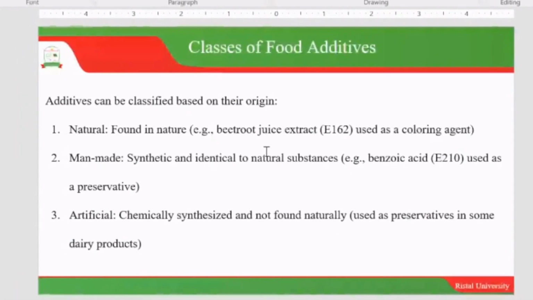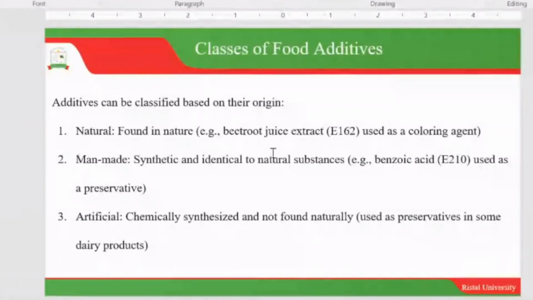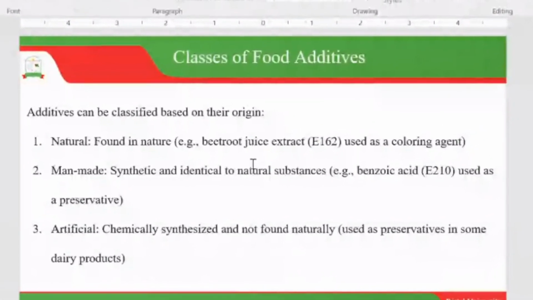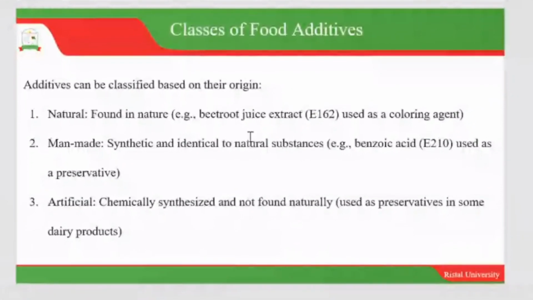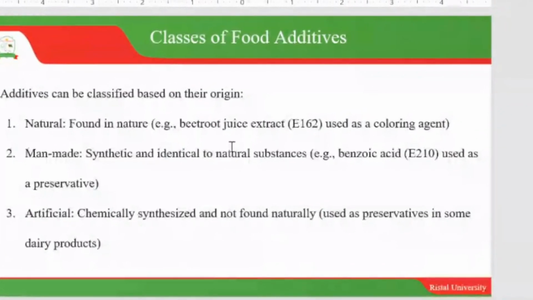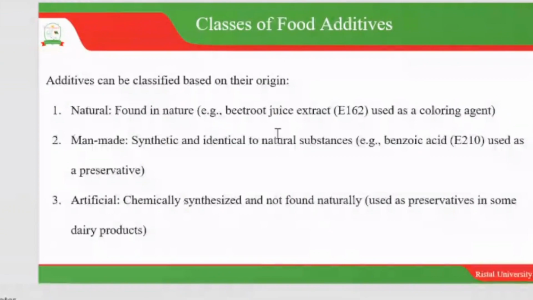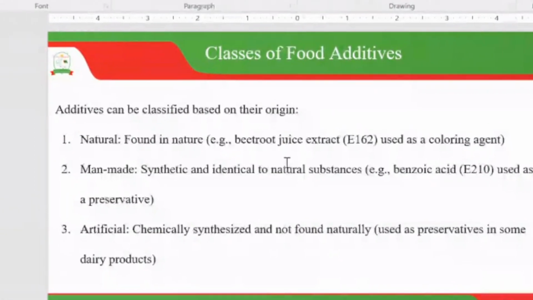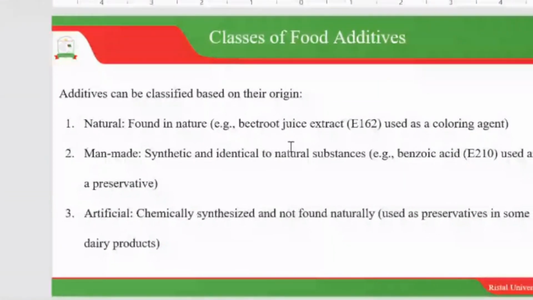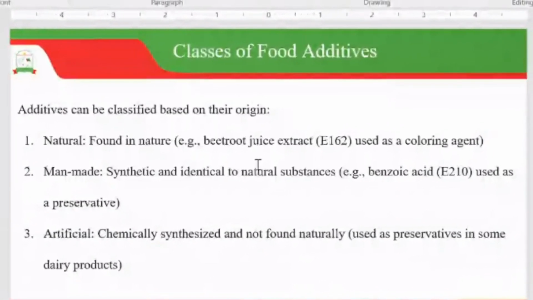For example, the beetroot juice extract, which is E162, is used as a coloring agent for those juices and beverages. But also some people have tried to use purples when they are making passion fruit juice, they use purple solids to add its color. This could lead to a few issues if things are not handled well.